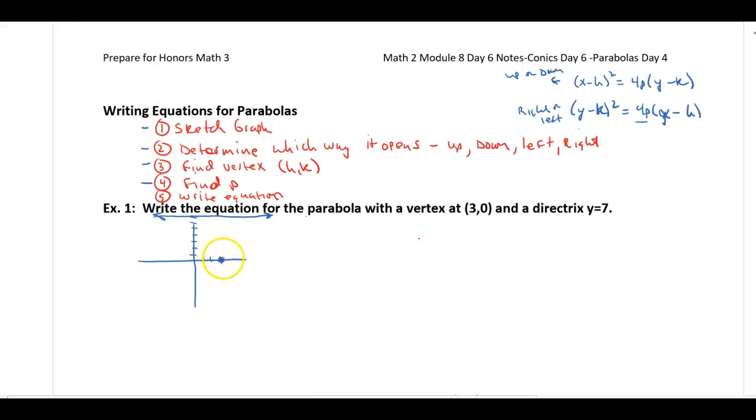Remember, the distance from the vertex to the directrix is the same as the distance from the vertex to the focus, right? And remember, this distance is your value of p, right? So right away we know p is going to be how many units away from the vertex is the directrix? 7.